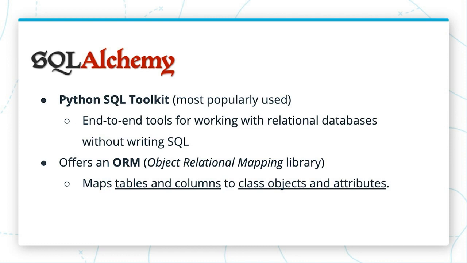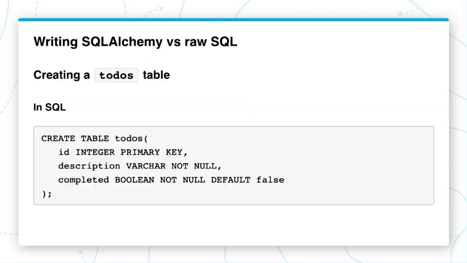The important thing about an ORM is it allows us to map database tables and columns to class objects and attributes instead, so that when you use an ORM and you interact with the database with it, you no longer work in tables and columns, and you only work using your knowledge of object-oriented programming in order to work directly with classes and attributes.